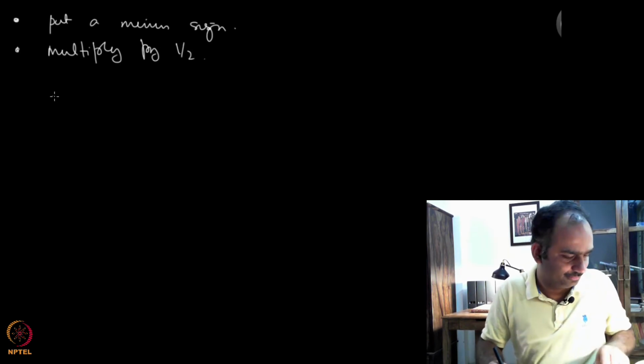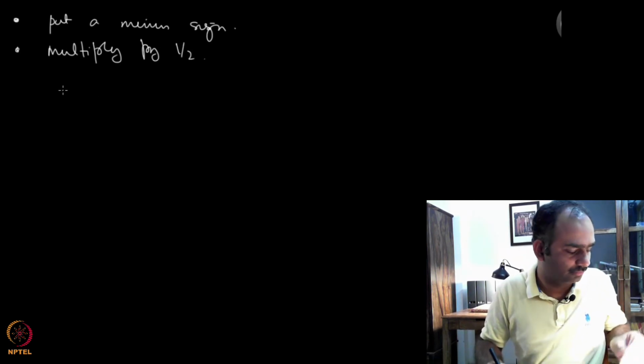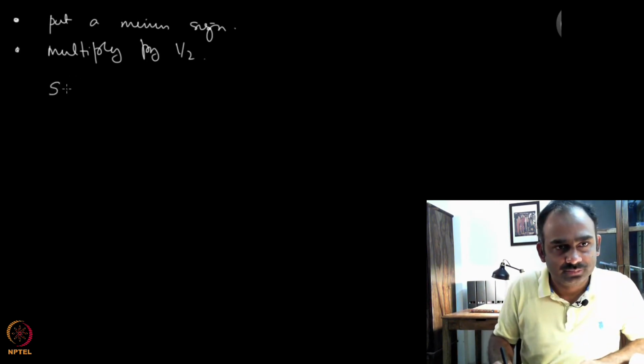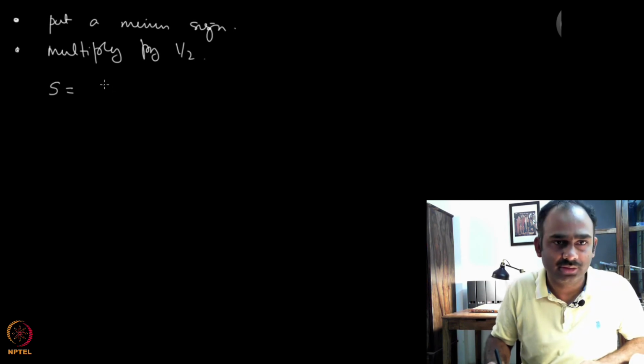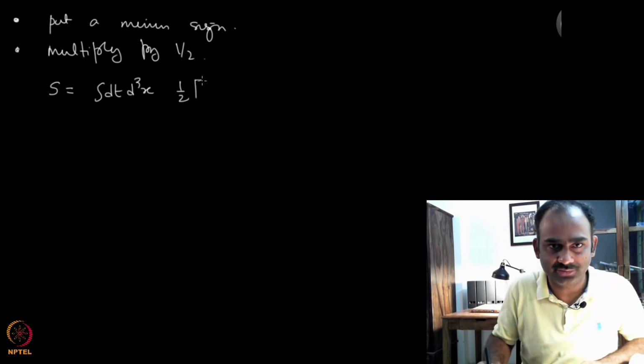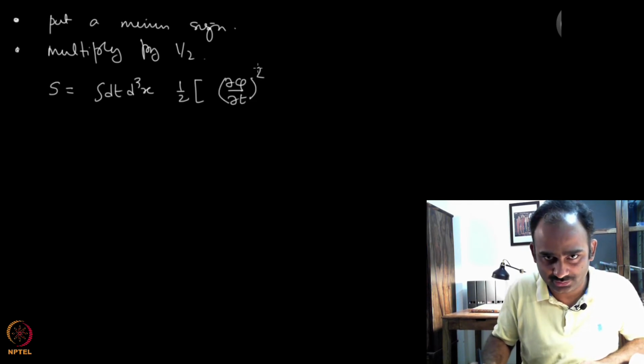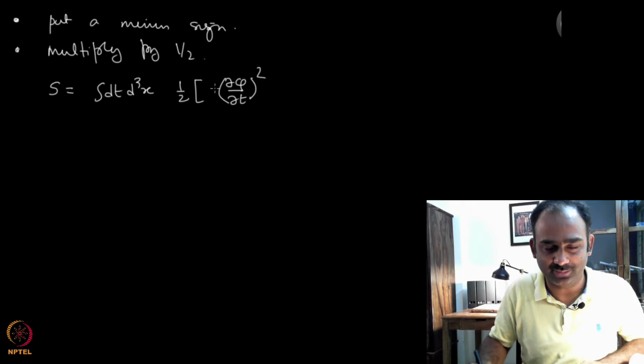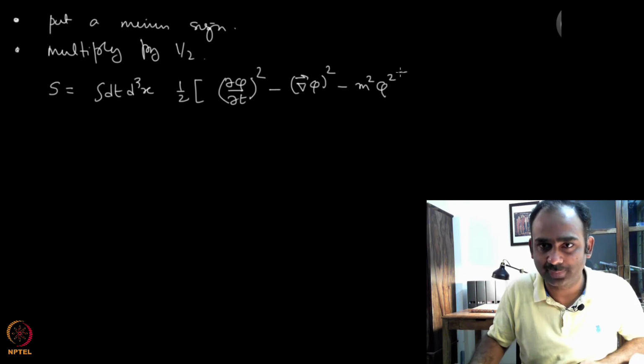So I get the integral dt d cube x, half del phi over del t squared. It had a minus sign, it's gone. Then minus gradient of phi whole squared, then minus m squared phi squared.